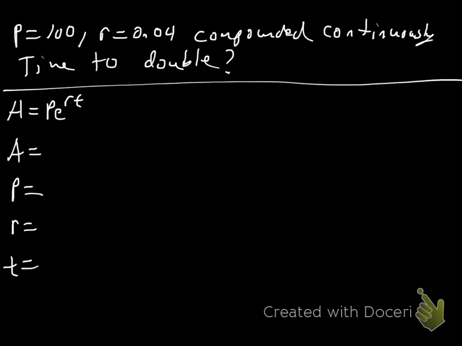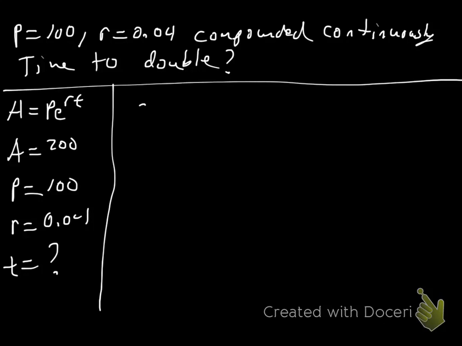We don't need to know what e is because that's going to be 2.71 in your calculator. So use the e button, don't use 2.71, you won't have as accurate a result. Okay, we don't know what the time is, that's what we're trying to figure out, the double time.